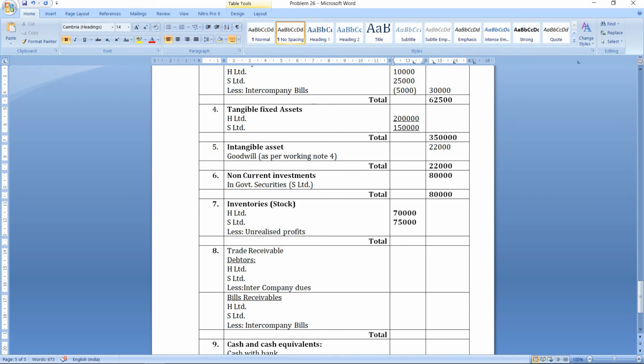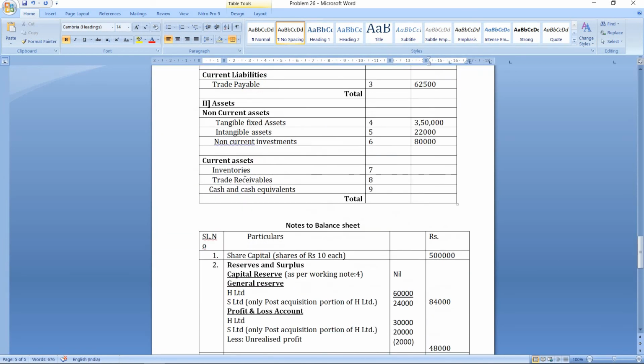From this we have to minus the unrealized profit, which is 2,000. Okay, so the amount of stock that will be shown in the balance sheet will be 1,43,000. So here we will take inventories, note number 7, amount is 1,43,000.